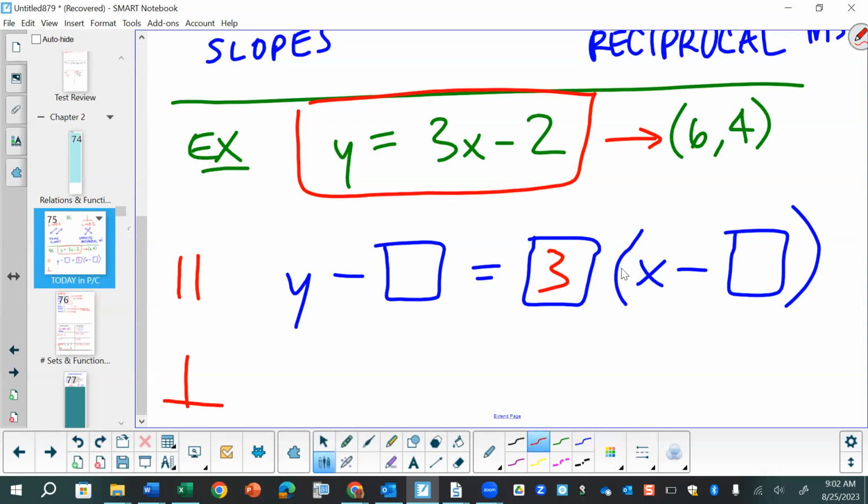And again, we talked about common errors. Okay, so what goes in the first box? 4, and second box? 6. Done, full credit.